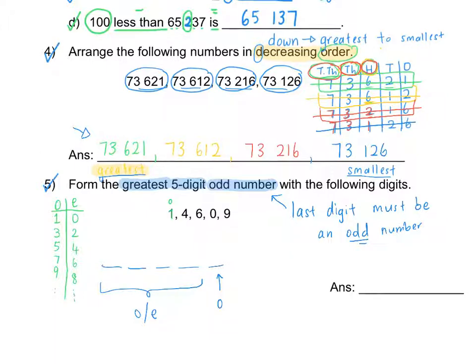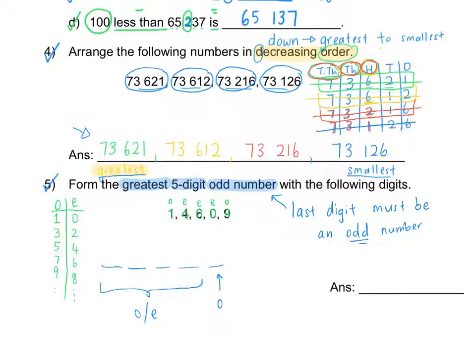So let's label digit 4, it will be an even number. Digit 6, it will be an even number. Digit 0, it will be an even number. Digit 9, it will be an odd number.